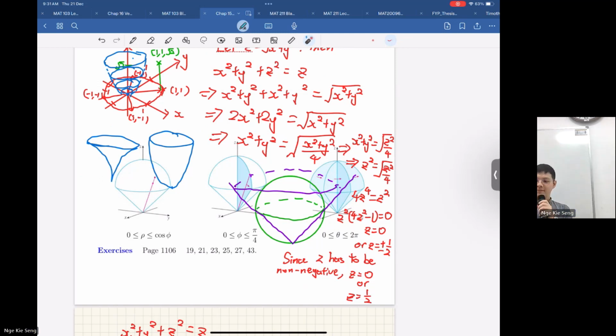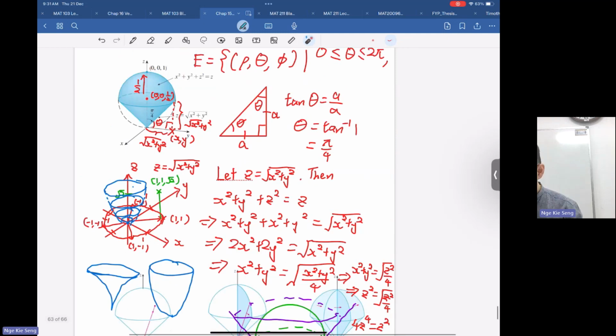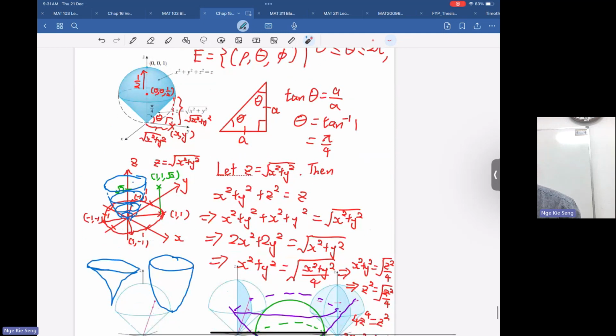Do we have enough information to reconstruct this already? So that means it intersects the sphere at the meridian of the sphere. Or you can imagine a cone like this, and then you attach a hemisphere.